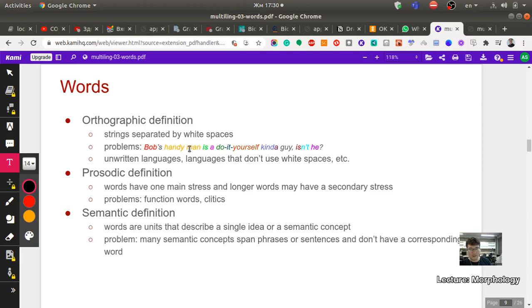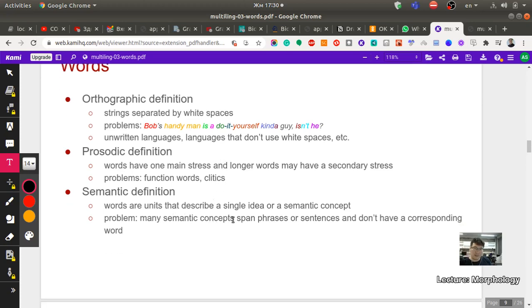So for example, handyman or do-it-yourself each have one concept. Many semantic concepts span phrases or sentences and don't have corresponding words. Same for this: handyman is one concept, but it's not one word, it has two words.